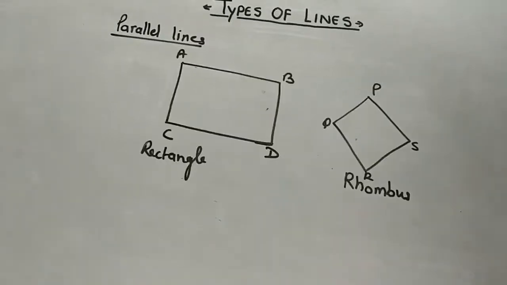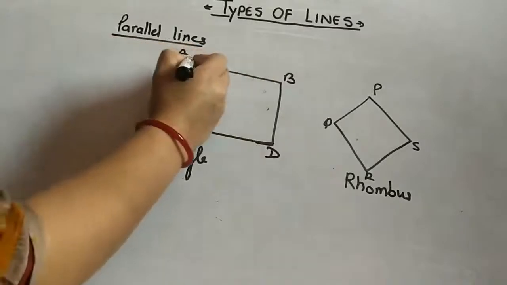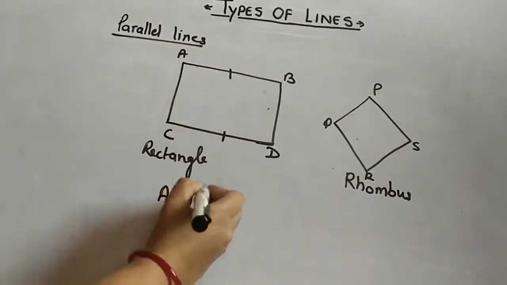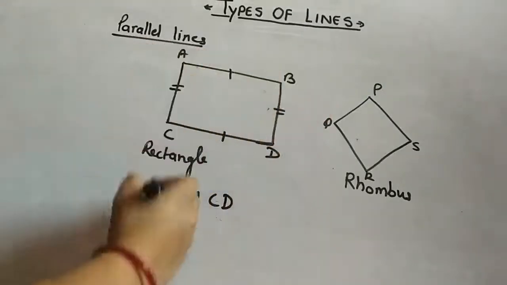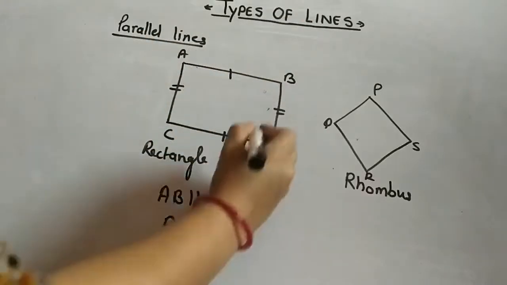We can recognize parallel lines in 2D shapes as well, like in this rectangle ABCD. This AB is parallel to CD, like this. AC is parallel to BD.